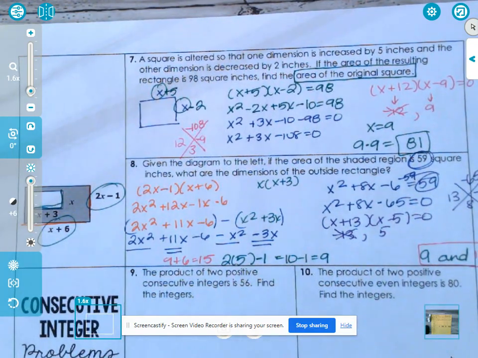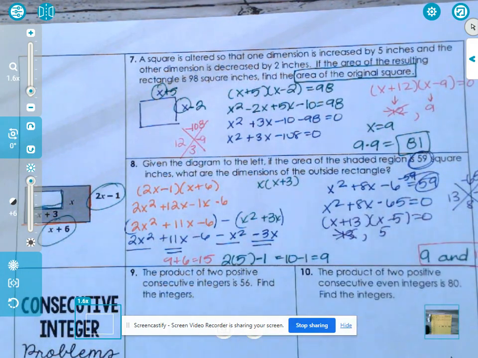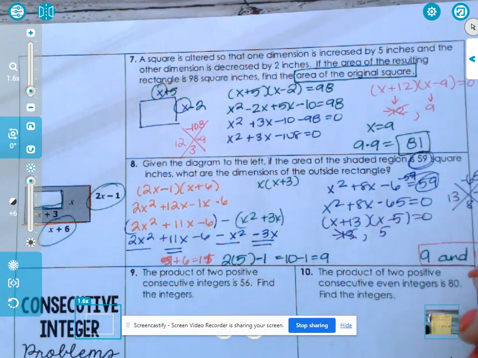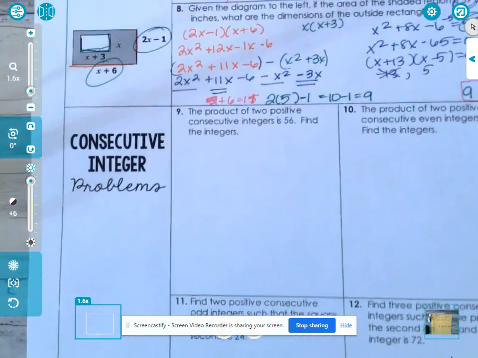So 9 and 15 were our two sides there. Oh, sorry, y'all, it's 5, not 9. I was looking here. So it's 5 plus 6, which is 11. My bad. Looked at the wrong place. So that's an 11. It's 9 and 11.